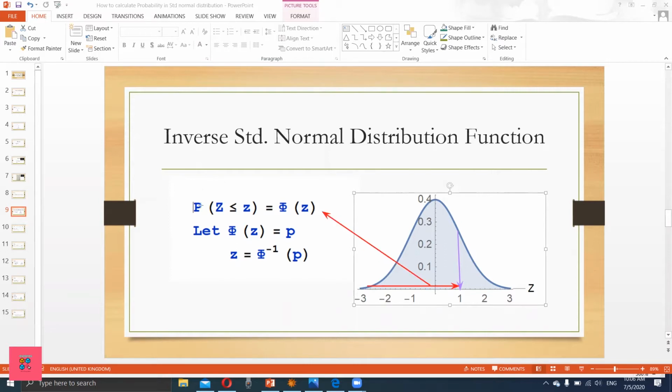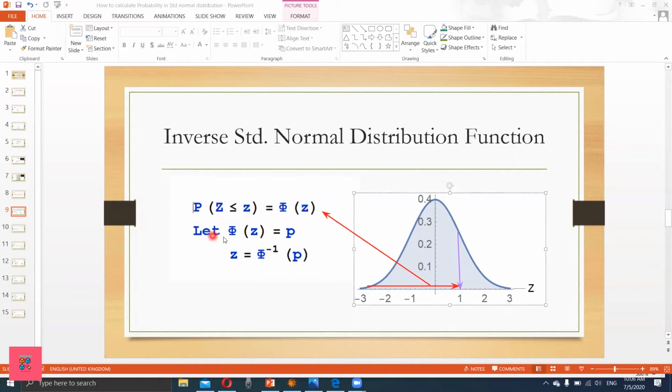So probability z less than small z, this point is called small z. In our case, small z is 1. So probability z less than small z, which is 1, is always phi of z.